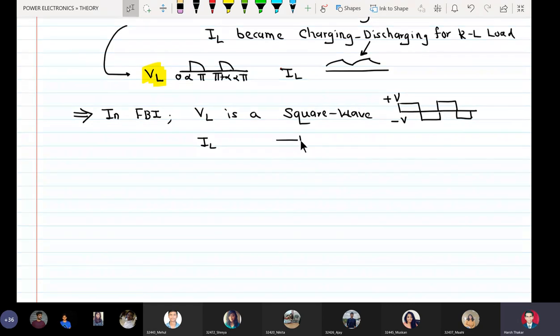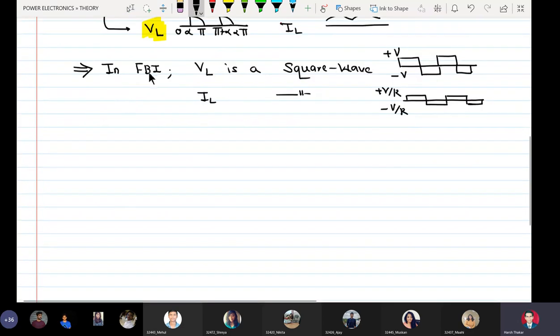IL is also a square wave going between plus V by R to minus V by R. So I can add, for R load.